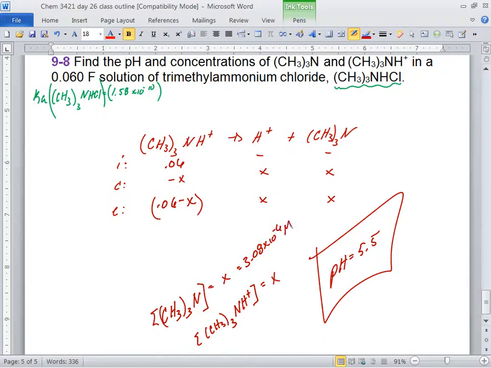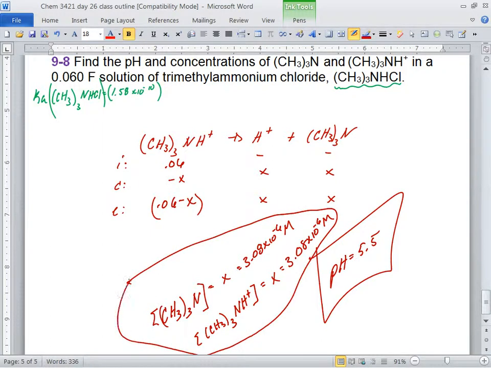So if you got those numbers, you're free to go. How do you get? Oh, I see. Oh, hold it. NH plus. So they're both not the same. NH plus is that minus X. 0.06 minus X, isn't it?